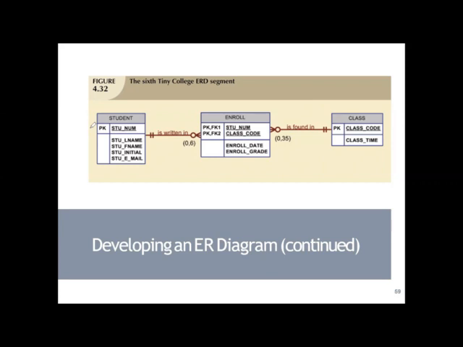So the foreign keys from other tables became foreign keys in this enroll table. The relationship between student and enroll is written in, and the relation between enroll and class is found in.